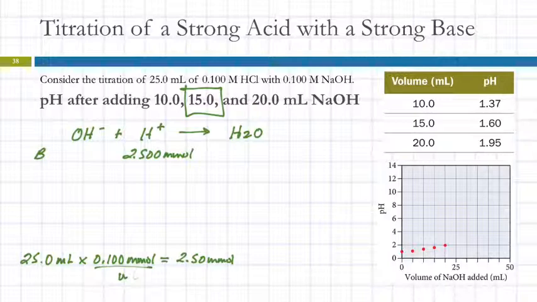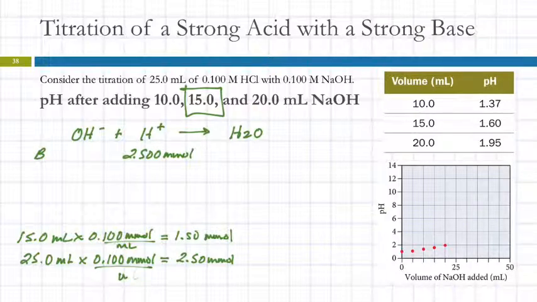I'm adding 15 milliliters of my sodium hydroxide. So 15 milliliters of the sodium hydroxide is 1.50 millimoles. So addition 1.50, yeah, I think we got an extra 0 millimoles.